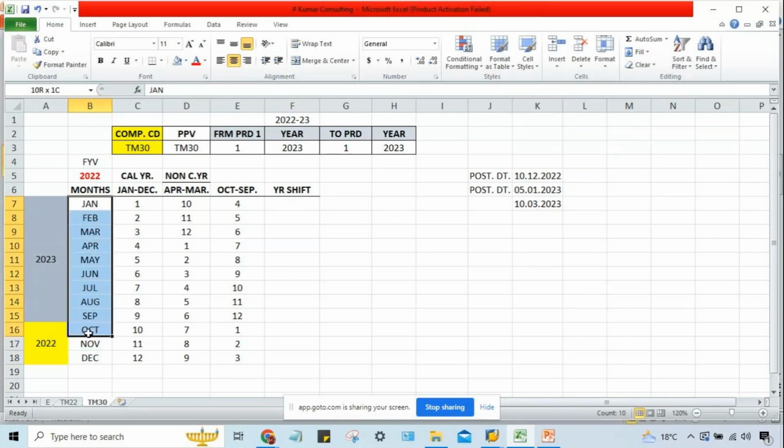Now here we are in 2022. Till here there is no problem. Now the client is saying that since we are using October to September, from 1st October onwards, even though we are in 2022, 2023 has started. But in October, November, December, which calendar year are we in? 2022. So if anybody has to post the transactions, what is the challenge, guys?